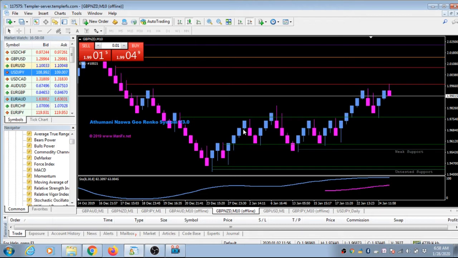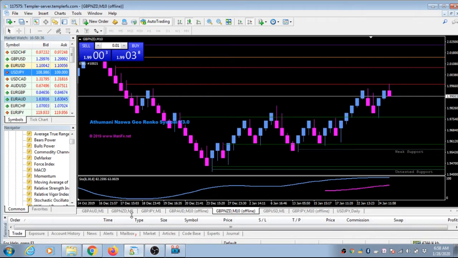And in fact, the term Renko comes from the Japanese term Renga. Renga means block. As you can see with the standard Renko, a consolidation part like this one is a bit tricky for you to know where to buy or where to sell.